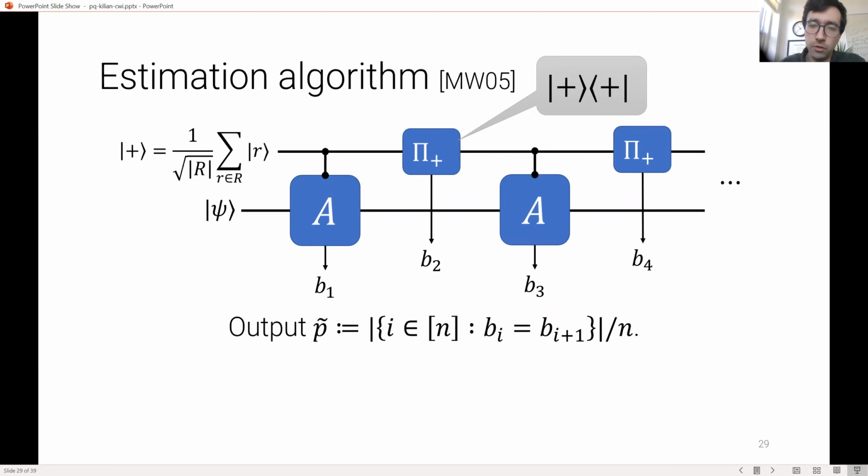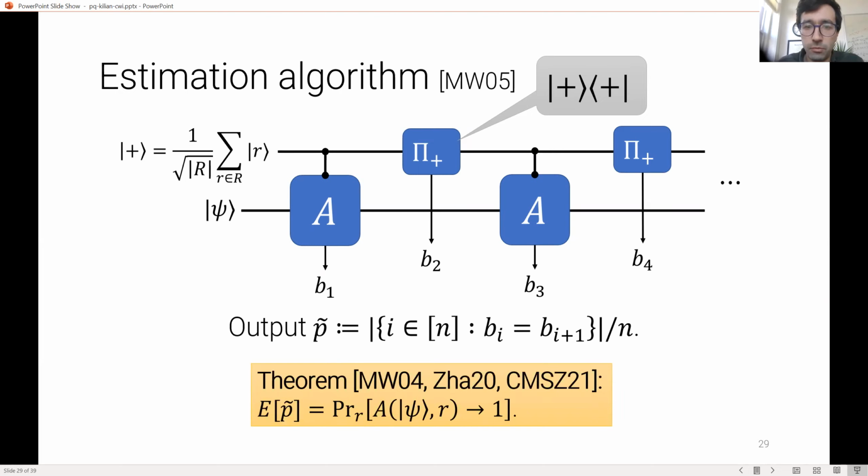You add up your score, and then you divide it by the number of trials. And what was shown in Marriott-Watrous, and later also in our work and in Mark Zhandry's trace tracing paper, is that this p tilde is an unbiased estimator of the success probability. So the expected value of p tilde is the probability that A outputs 1 on a random R.